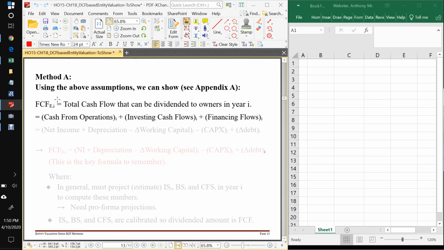We'll use these above assumptions in method A, and we can show, and you can go look at this, I know some of you are so excited about this, you can even jump ahead and look in Appendix A to see how this works. But in Appendix A, we show that the free cash flow in a given year i to owners is, as we know, the total cash flow that can be dividended without impairing the firm.